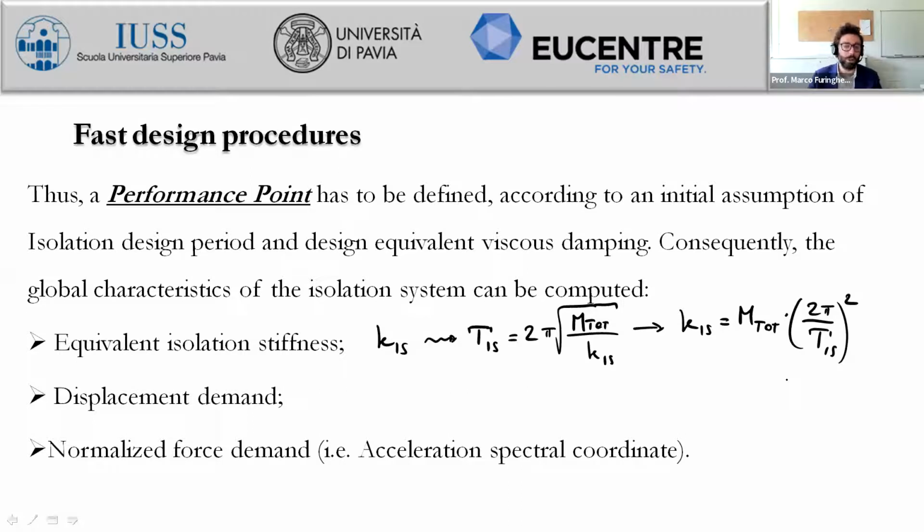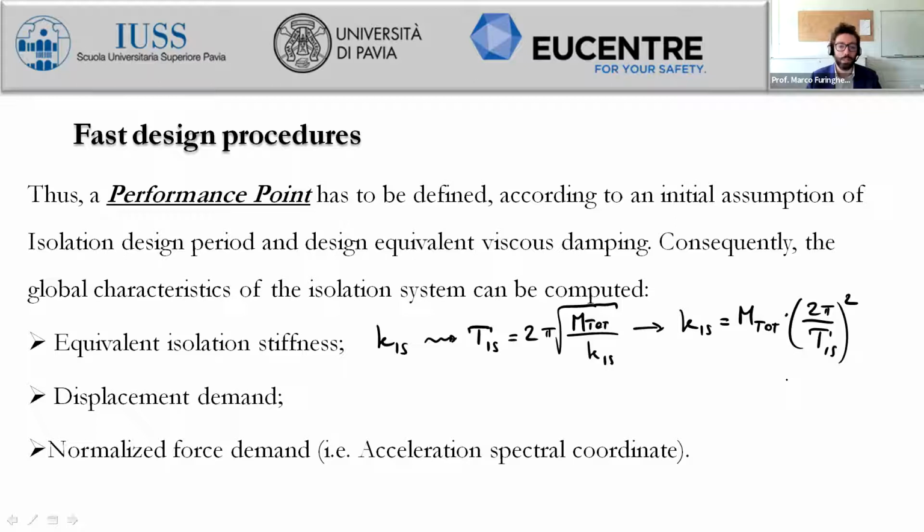So whenever we deal with hybrid solutions, which means different typologies of isolation devices together, and generally we have them whenever we deal with rubber bearings rather than lead rubber bearings, because we will get at the end of the design procedure a number of isolators which is lower than the total number of structural supports of the building rather than the structural system.